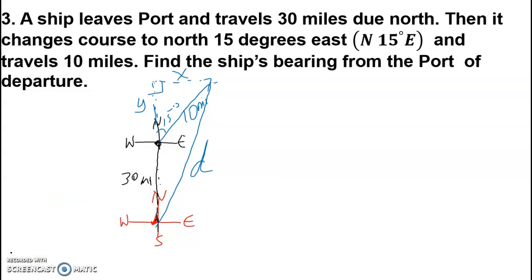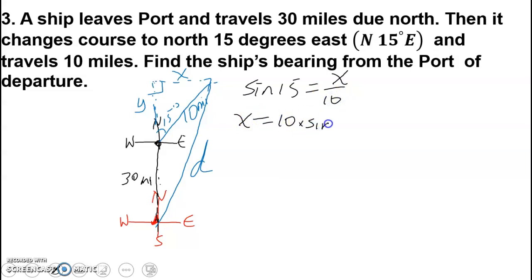Alright, so we can have sine 15 is opposite, which is X, over hypotenuse, which is 10. So X is going to be 10 times sine 15, which is 2.588.